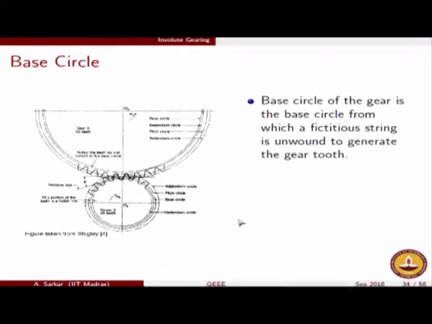As we now understand, the base circle of the gear is the circle from which the fictitious string is getting unwound to generate the gear tooth. So the circle over which the unwinding action was taking place is called the base circle.